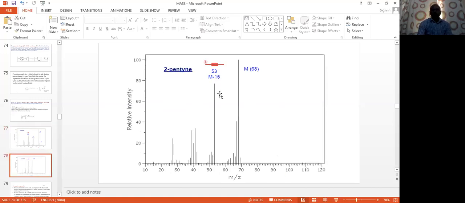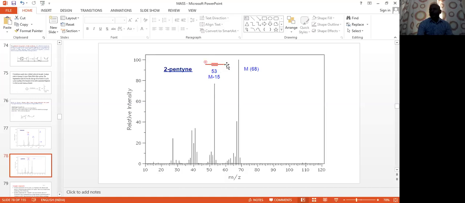So here what we discussed is terminal alkynes. Now here it is not a terminal alkyne, and this is not a propargyl cation.